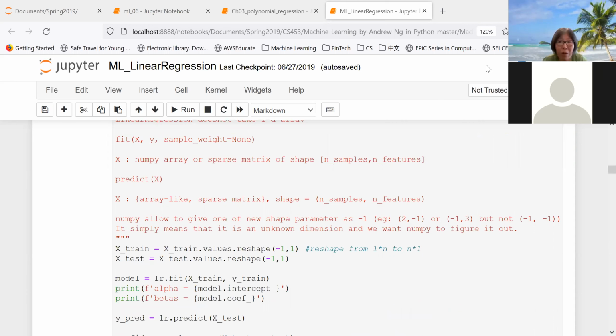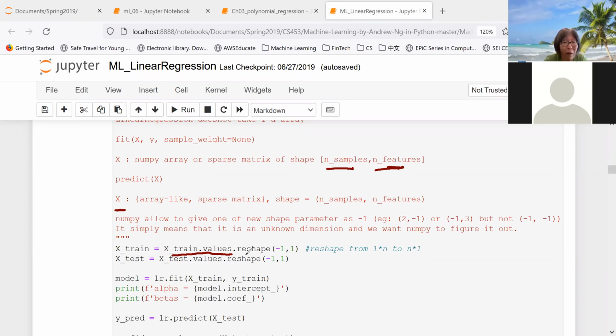Because over here it says the shape of the data should be number of samples and number of features, and we just have a single feature, population. How do we do this for the training and testing data?